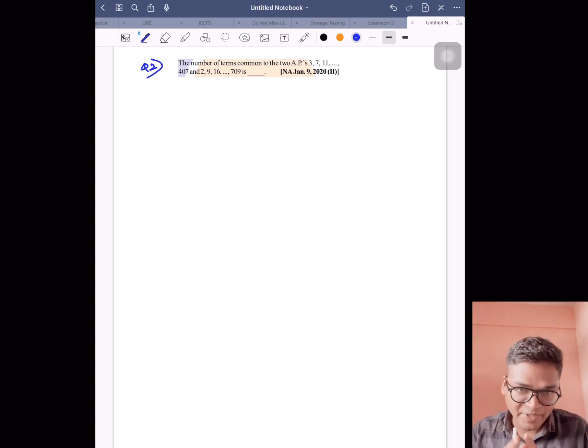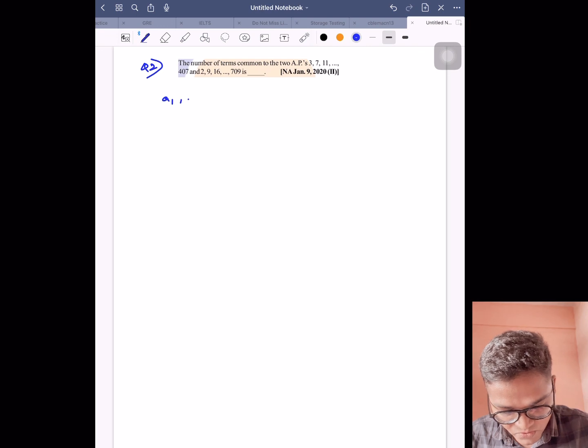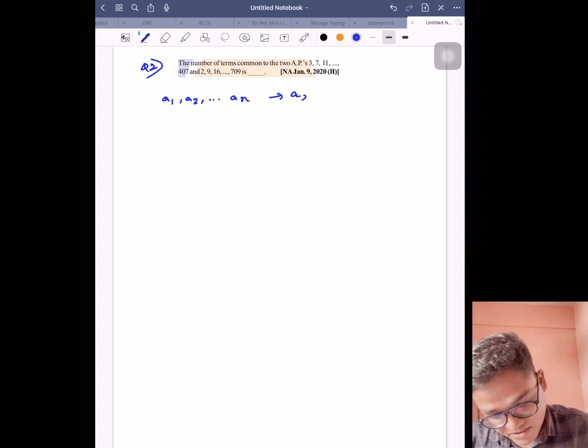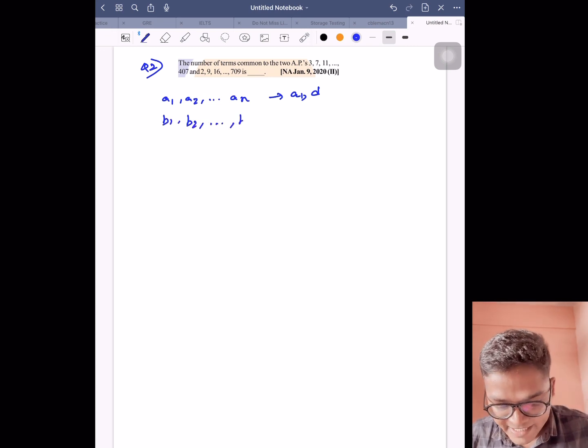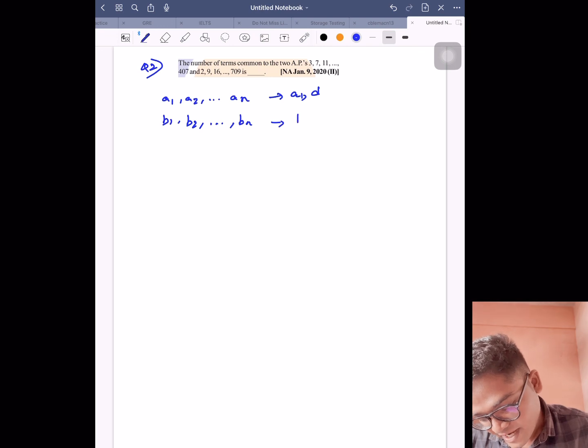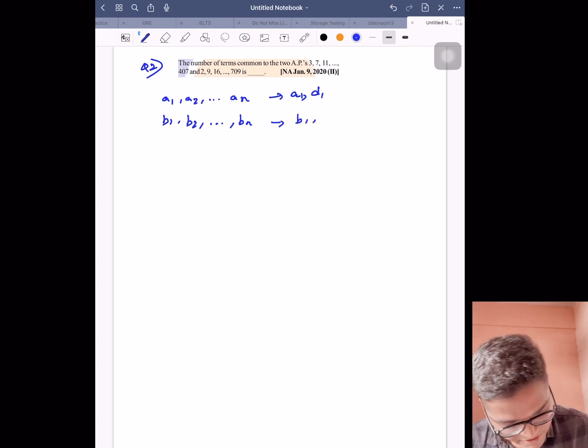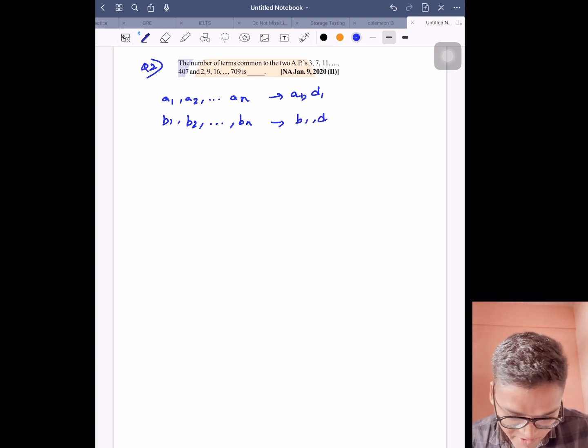When you have two APs and there are common terms between them, you know how to get the next term? If there is one AP, A1, A2, and so on, An, with first term A1 and common difference D1, and there is a second sequence B1, B2, and so on, Bn, with common difference D2.